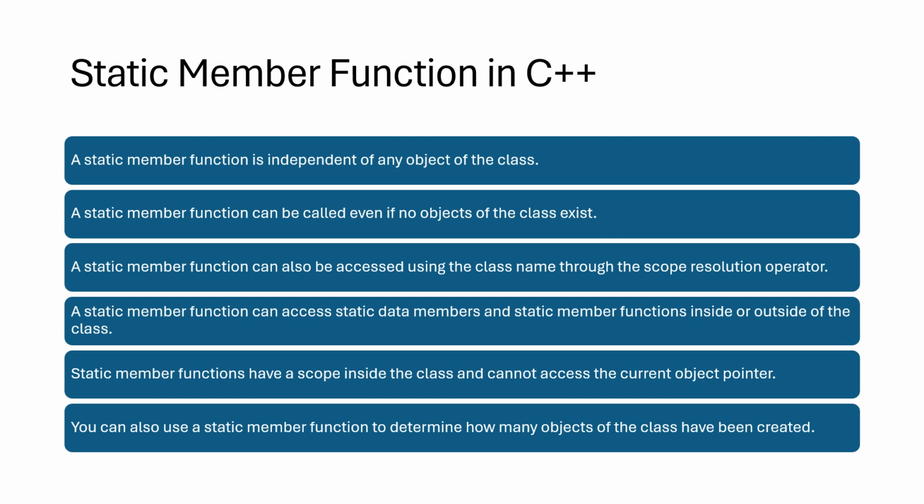A static member function can also be accessed using the class name. We need not create an object to call the member function. Using the scope resolution operator, we can access the static member function.